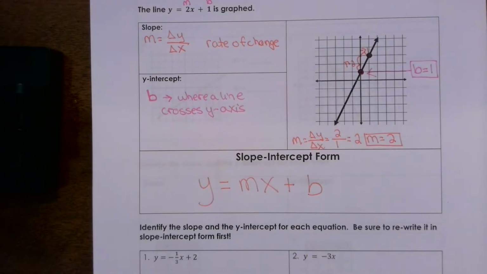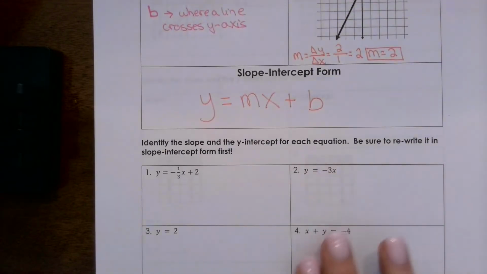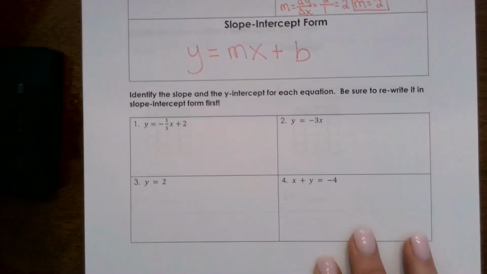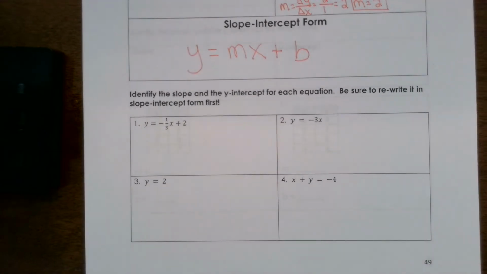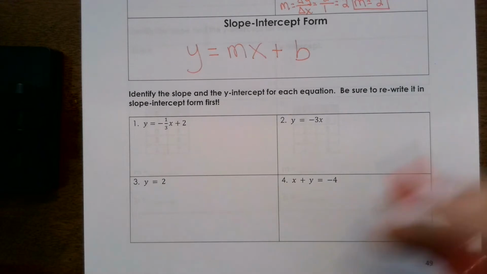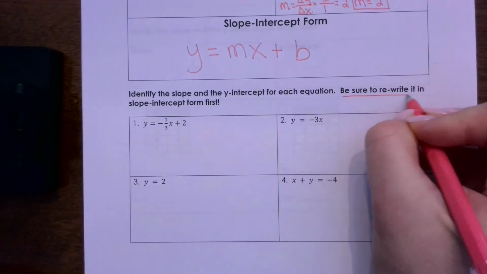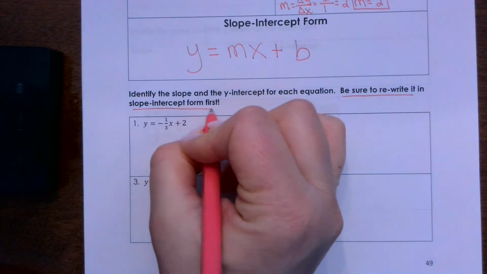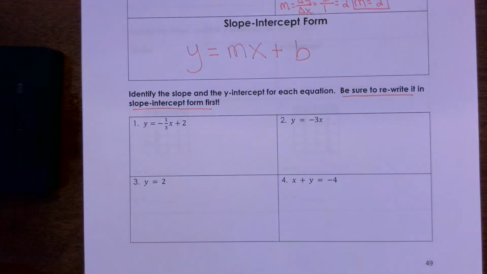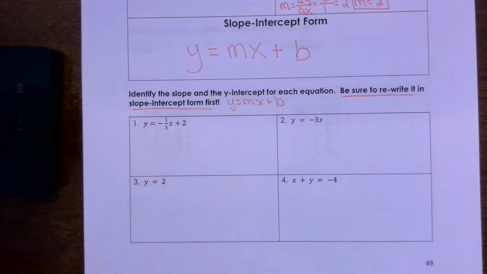Let's take a look, and our first order of business is to practice identifying slope and y-intercept. Eventually, we're going to use the idea of slope and y-intercept to graph lines. So it's going to be an alternative to using table of values. We are going to first identify the slope and y-intercept for each equation. In order to do that efficiently, our equation should be written in slope-intercept format, which is, of course, y equals mx plus b.